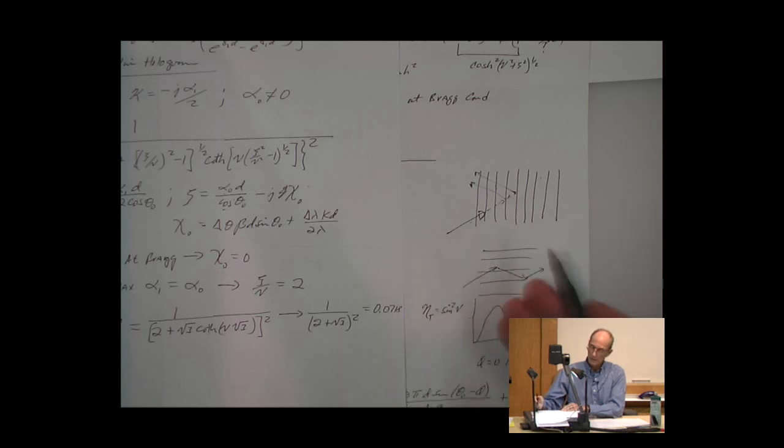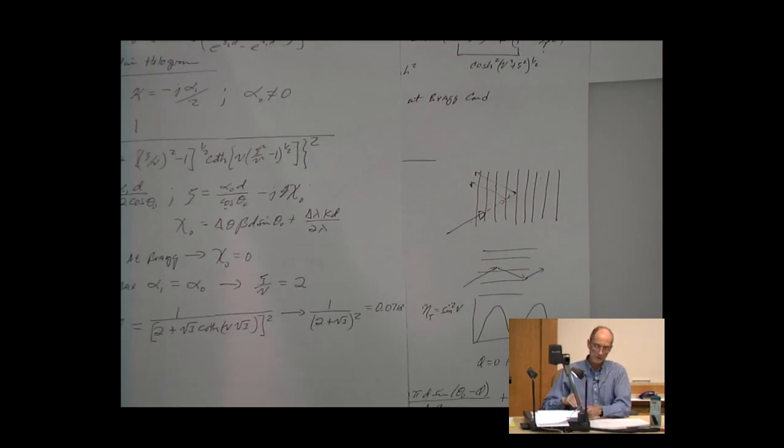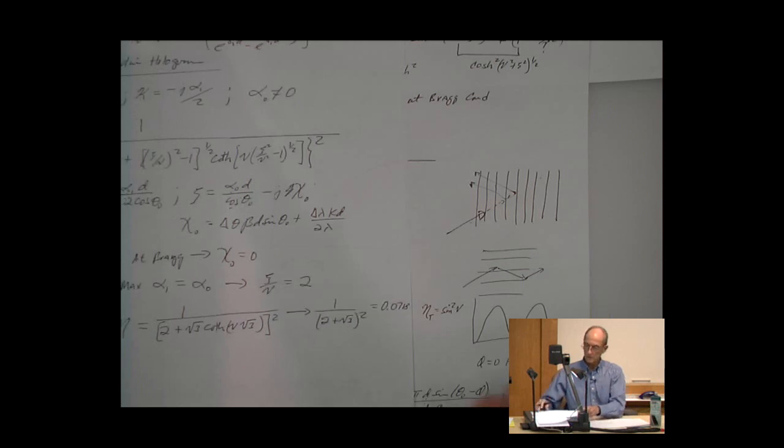So there is a bit of an advantage in having a reflection absorption grating in terms of efficiency. Not much, but it's interesting that you do get higher efficiency than the transmission case.